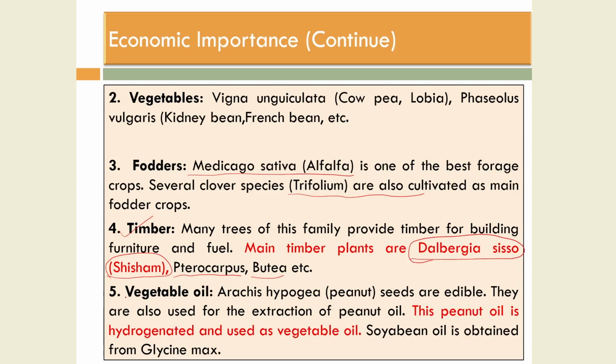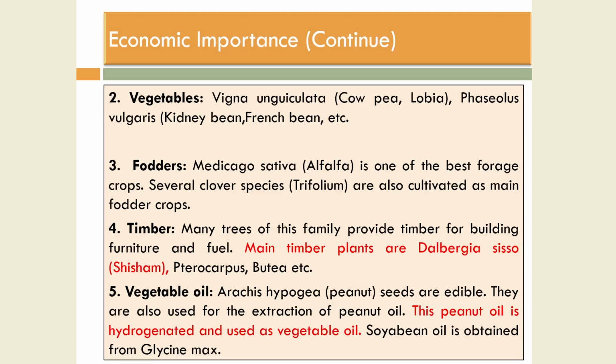Then some plants are also used for vegetable oil production, like Arachis hypogaea, which is peanut, also used for the production of edible oils, because the seeds of Arachis hypogaea yield peanut oil. They also make peanut butter.